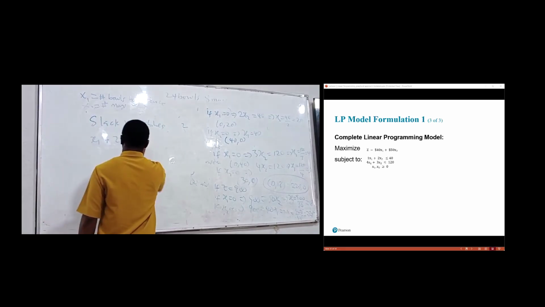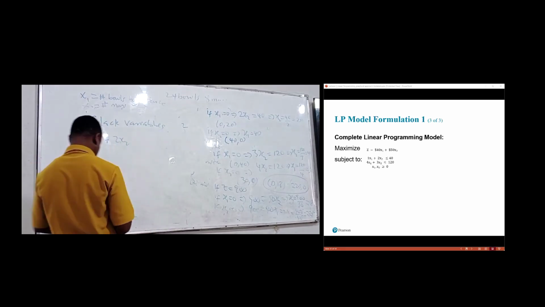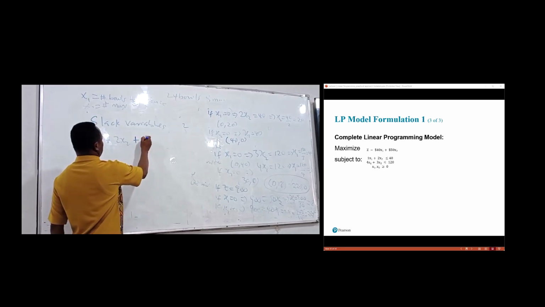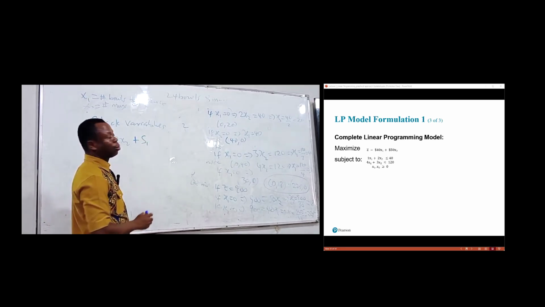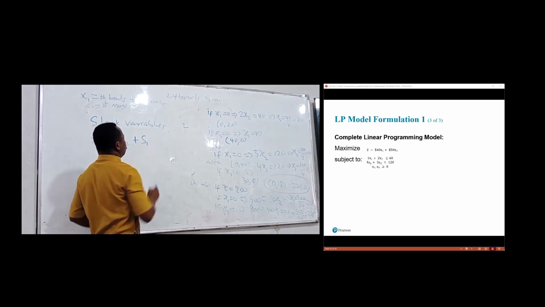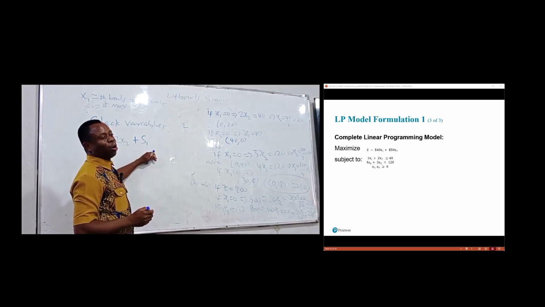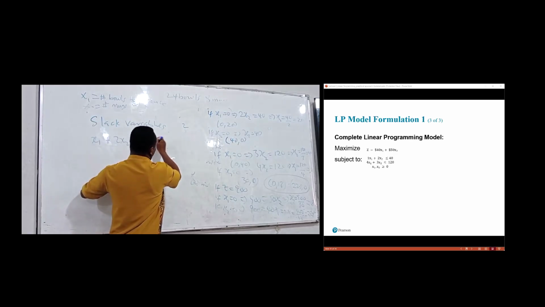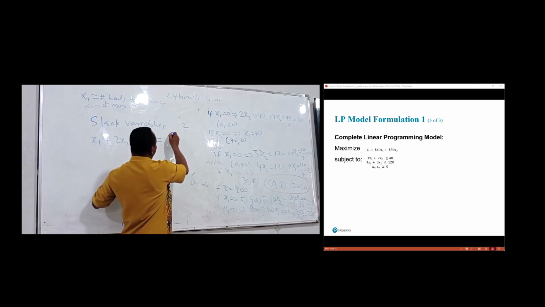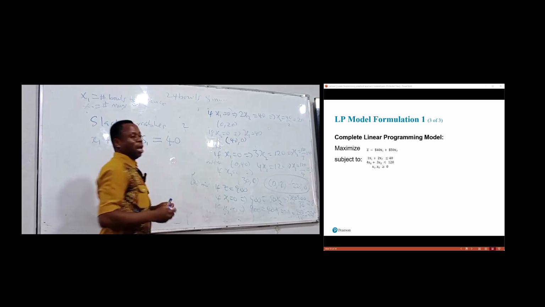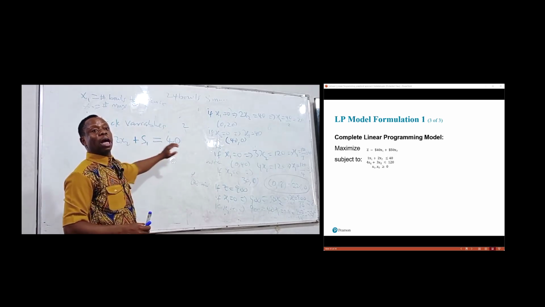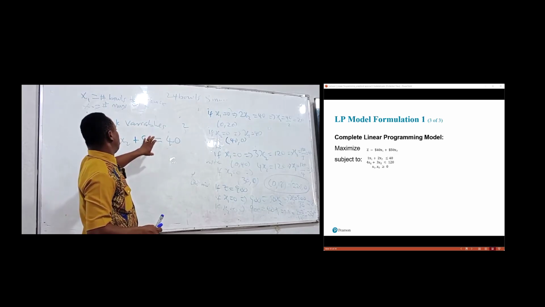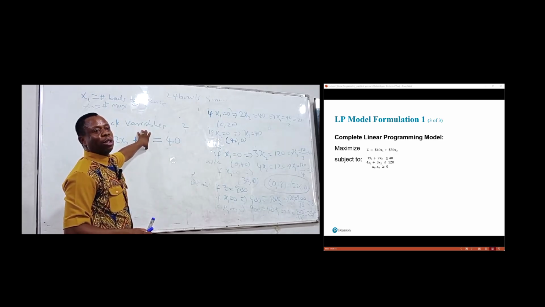So I'm going to add a slack, call it S1. So I can no longer say less than or equal to. It has to be what? Equal to what? 40. Because anything that is short for the left-hand side to equate to the right-hand side will be made up by what? S, which is a slack.